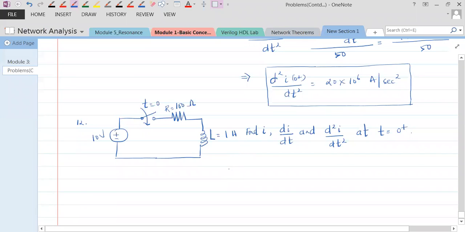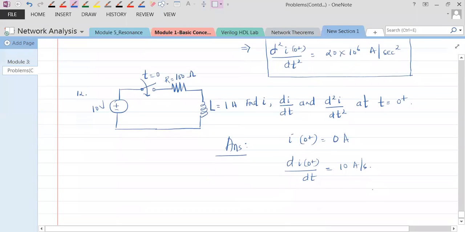The answers. Just copy down the answers and get this yourselves, everybody. Your I of 0 plus is 0 amps. di of 0 plus by dt is 10 amps per second. First answer, second answer.